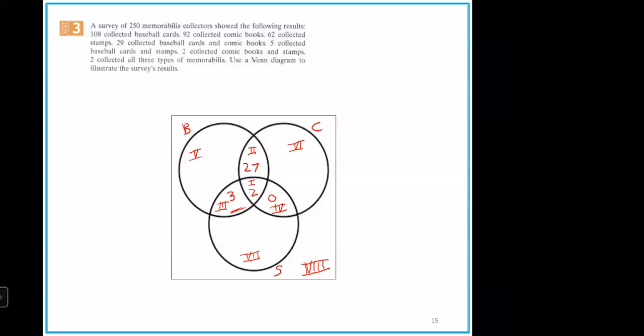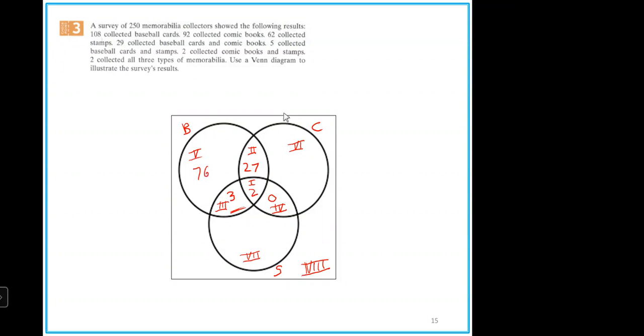Yeah, sorry, I was looking at the wrong amount for baseball. I have 72. You're off by something. Not 72. You're close to it, but you're not quite there. You have to add the 27, the 2, and the 3, and take that away from 108. 76. 76, right?